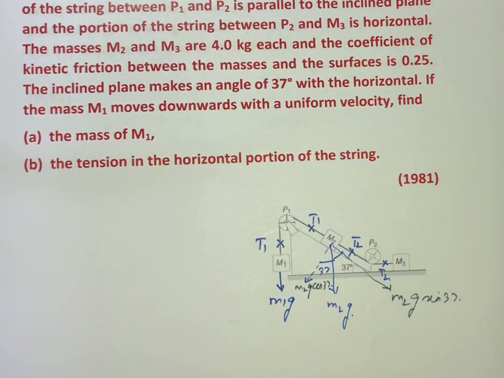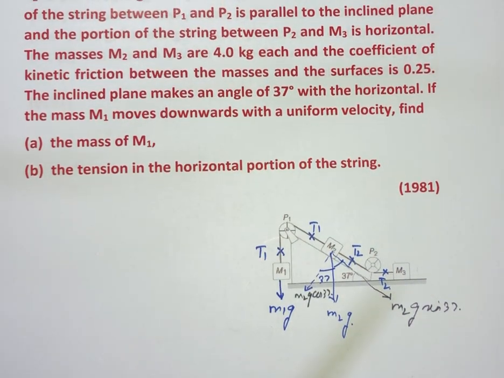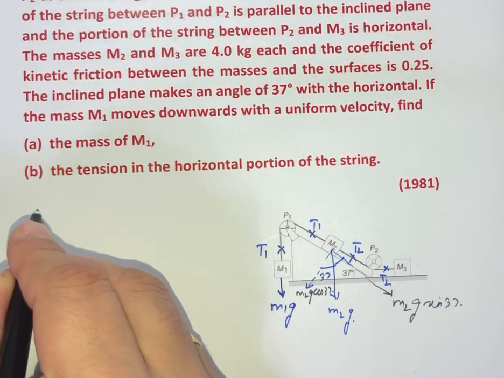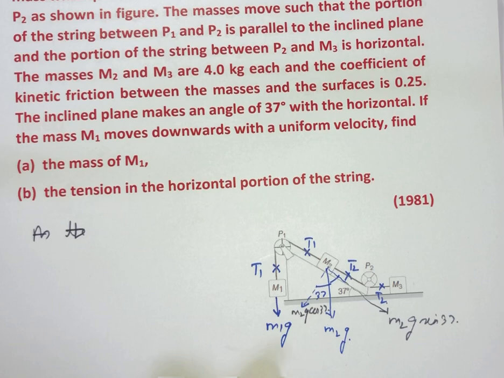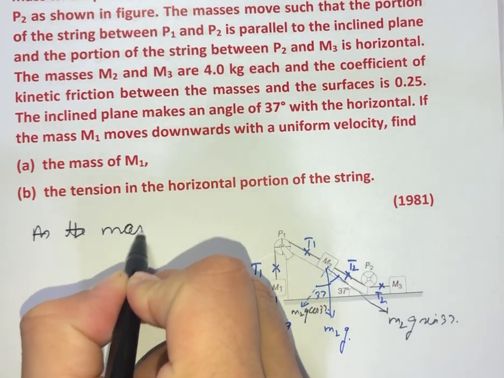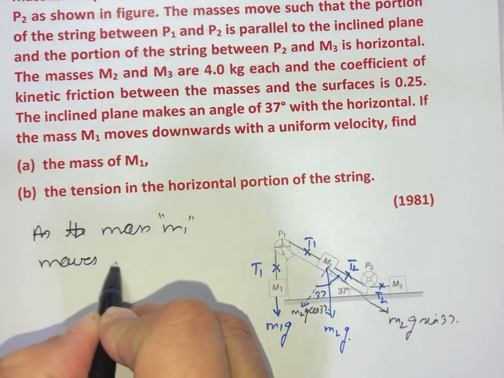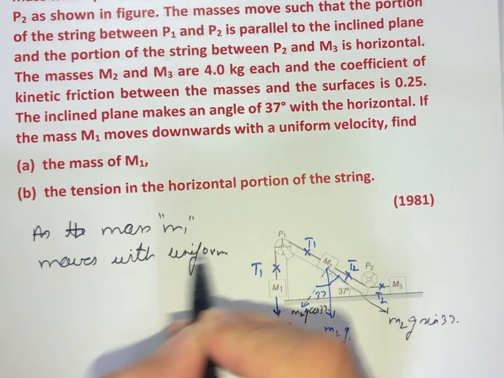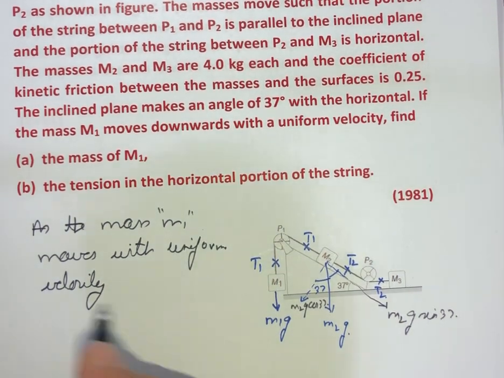It is given that our system moves with uniform velocity. So from here we can say as the mass m1 moves with uniform velocity, the net acceleration of the system will be 0.